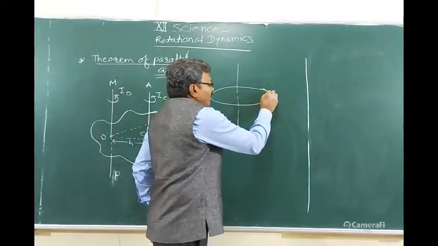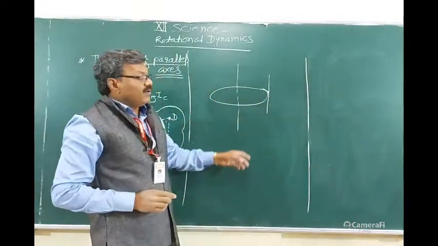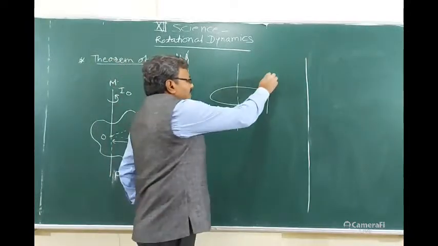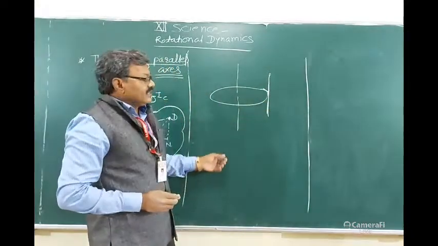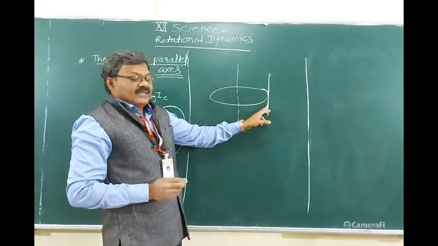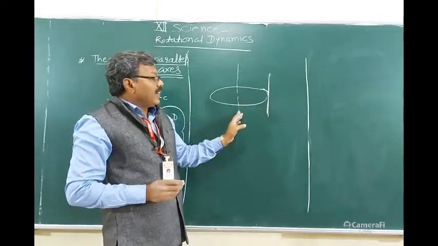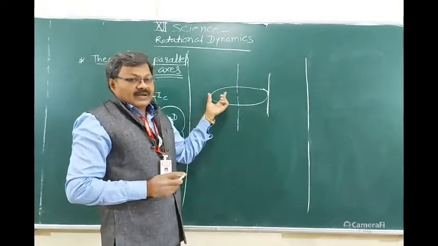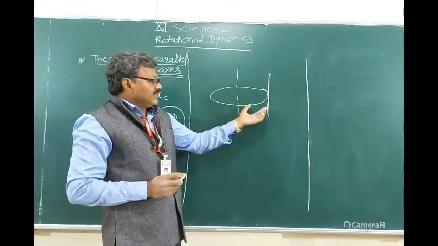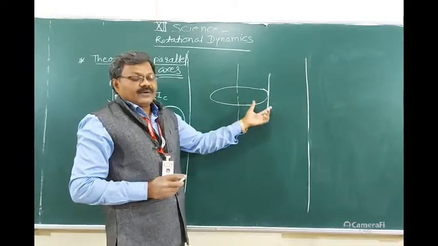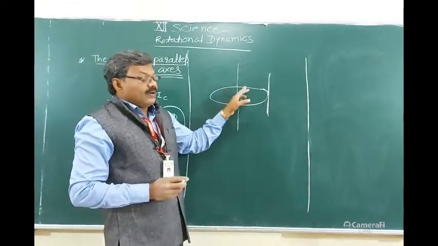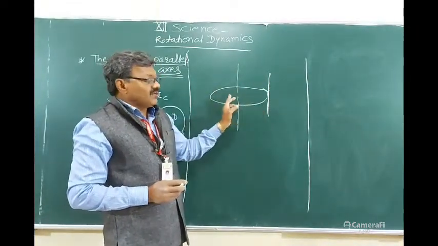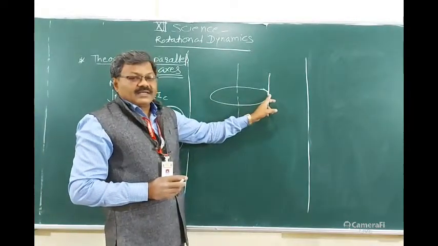But if we want to find the moment of inertia about this other axis, then we take the parallel axis, transform this information in relation to the parallel axis, and find the moment of inertia of this body about this axis.